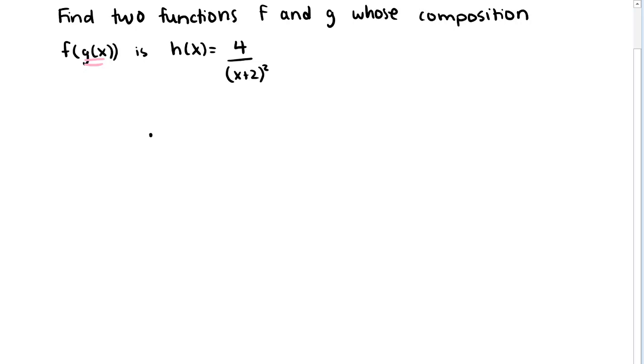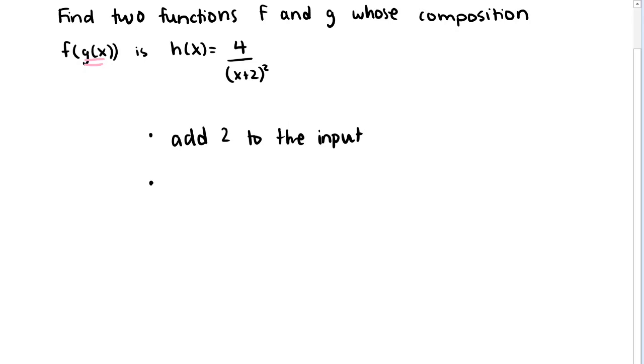But here, maybe let's write out a few steps. I can imagine h of x as, what happens to our input. Well, first we take our input and add 2 to it. That's the first thing that happens in this h function.